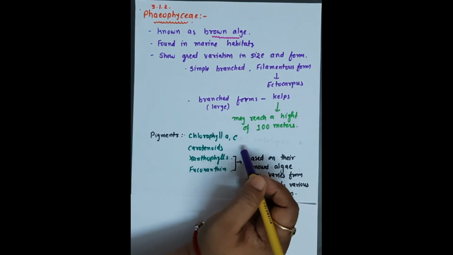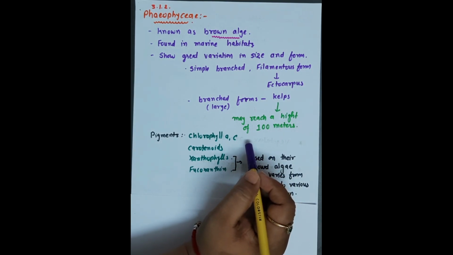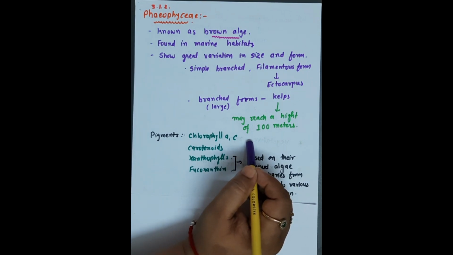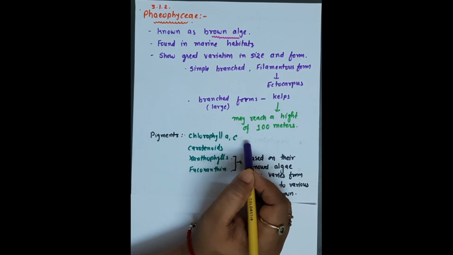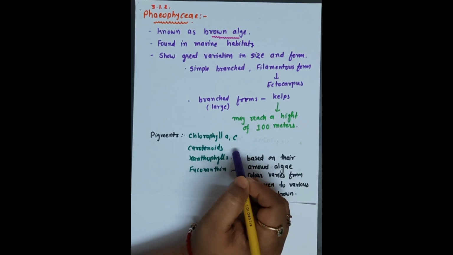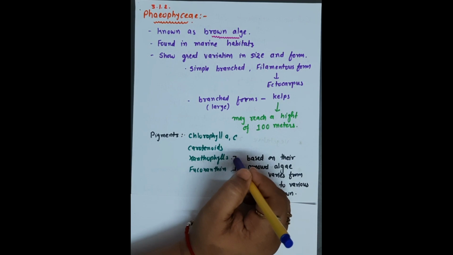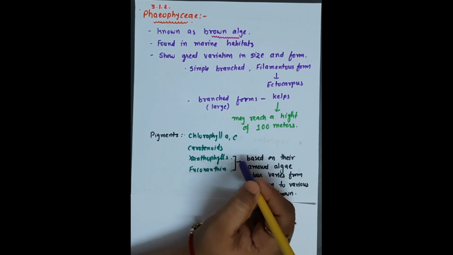Pigments present mostly, remember here, are chlorophyll A and C. As we know, in Chlorophyceae there are chlorophyll A and B. Then carotenoids, and even xanthophyll and fucoxanthin are also present.